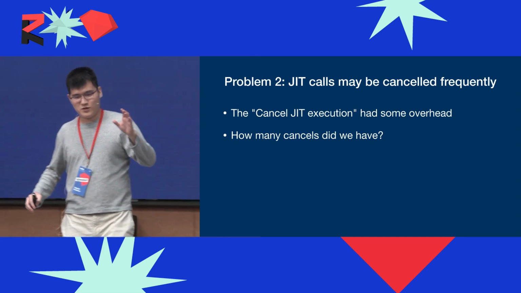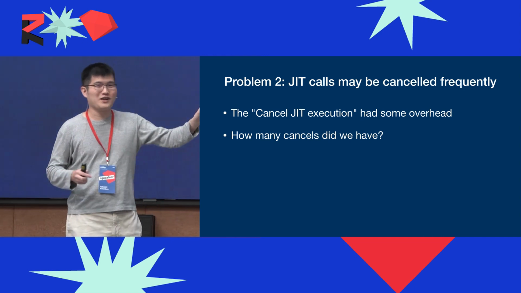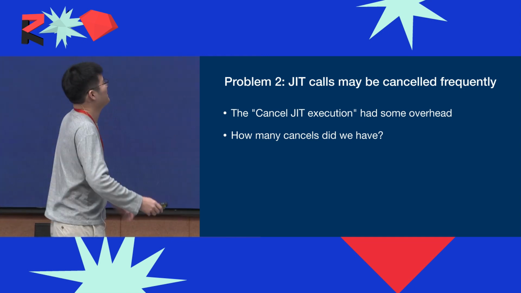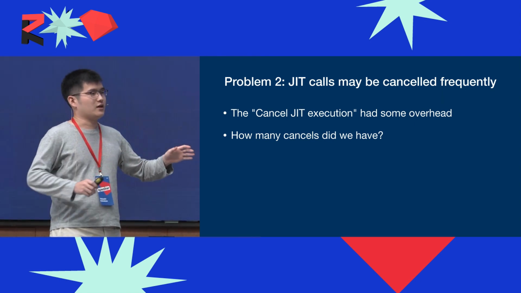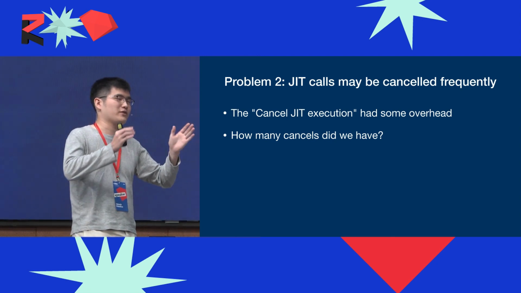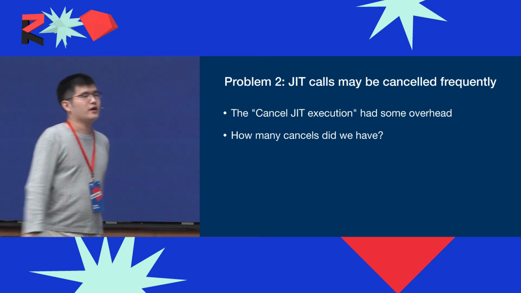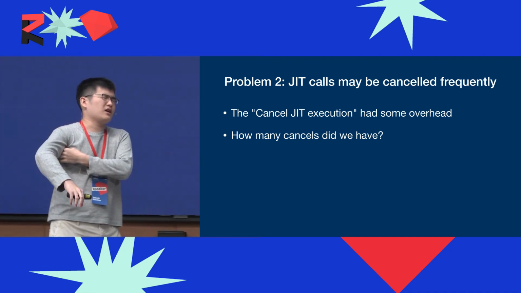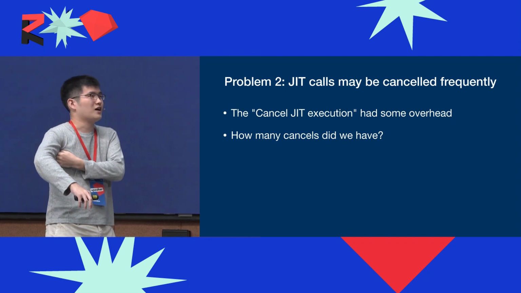But sometimes people do weird things like overriding integer plus to something weird. In that case, we need to discard the native code, because JIT code is fast because we speculate on that kind of thing, which is useful for optimization.